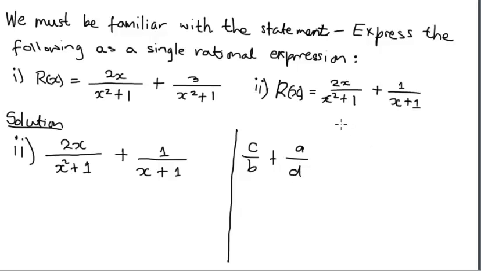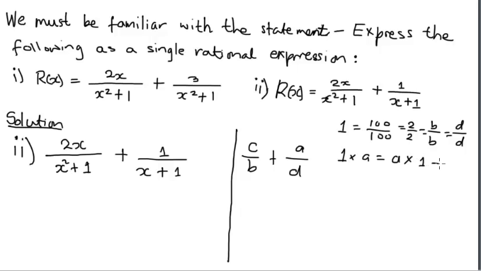Thinking of 1 as a special number, 1 is equal to 100 over 100, equal to 2 over 2, equal to b over b, equal to d over d, and so on. Also 1 times a is equal to a times 1, equal to a. This is very important to be able to continue.